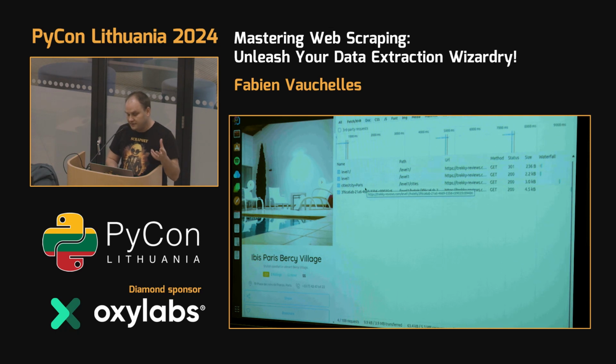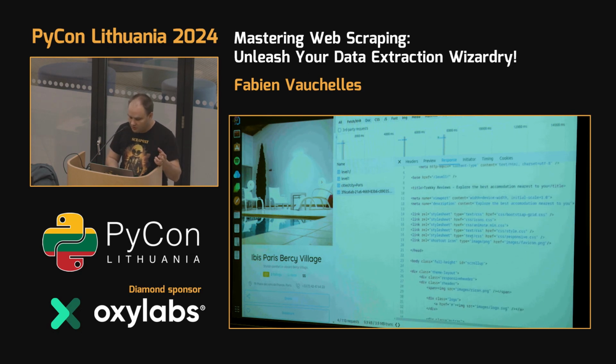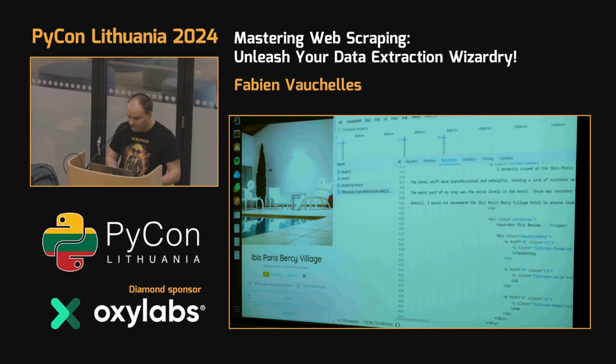After that, I list all accommodation here in Paris, with the parameter Paris, and I get the URL for the hotel with all information, hotel/ID. If I go to this request, in the response I've got the whole HTML with all information about the website, like the review, and I've found the review.